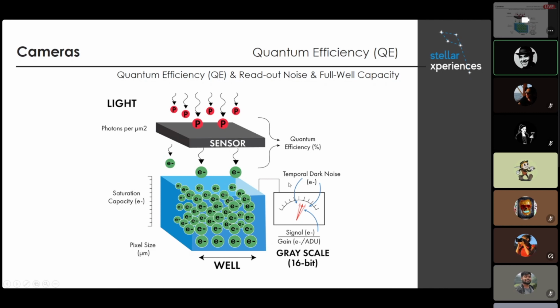This will show up in our pictures as readout noise. All manufacturers are trying to improve their readout technology so that cameras and sensors create less readout noise. That's why we can also see these readout noise values on a website. Before we decide on buying a camera for astrophotography, we have to check quantum efficiency, full well depth, and also the readout noise levels.